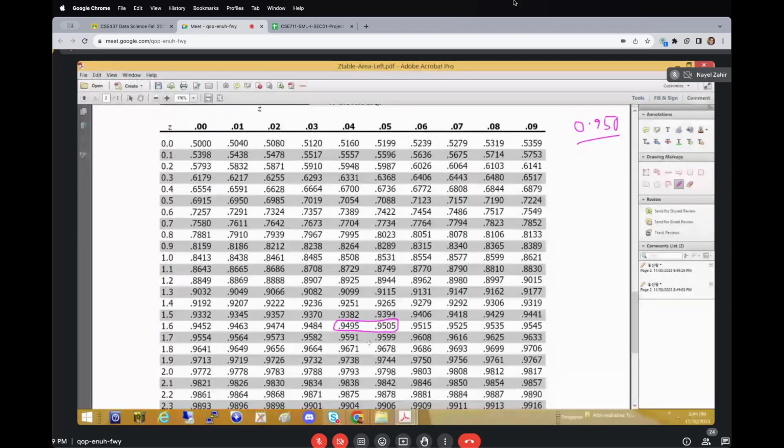Here is 1.6, and then 0.4 and 0.5. But between these two, we have to find a number for that.